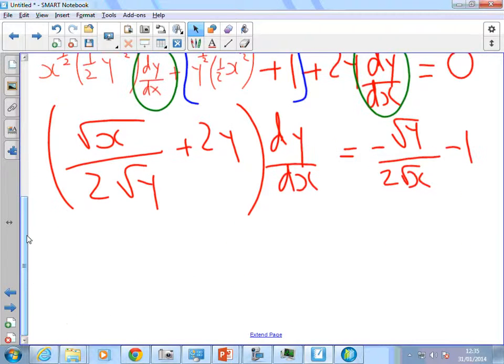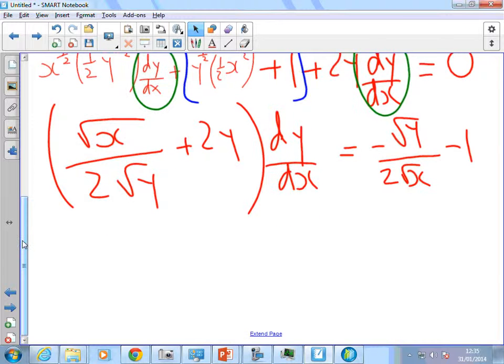Now here is just a case of simple algebraic manipulation, so we can do that. The right hand side, if I want, I can combine the fraction. Similarly, I can do that on the left hand side. Okay, so I'll do that slowly.